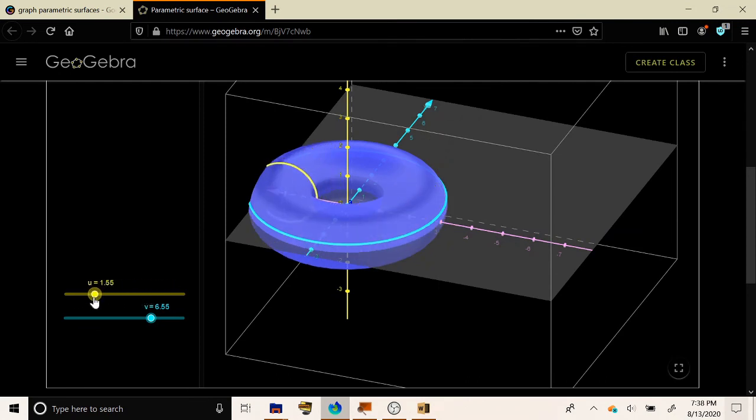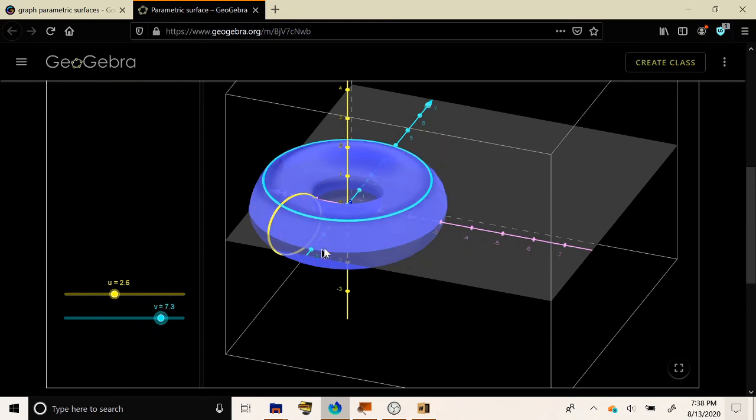So for example, as you vary u, different values of u are telling you different values along which you're getting these bands here. And then different values of v are telling you how far up and down that circle you end up traveling. And then where the yellow circle and the blue circle meet, this is the point on the torus that is being pointed to by your parametrization.